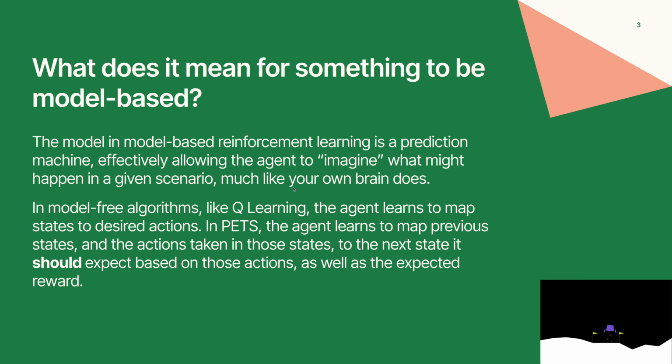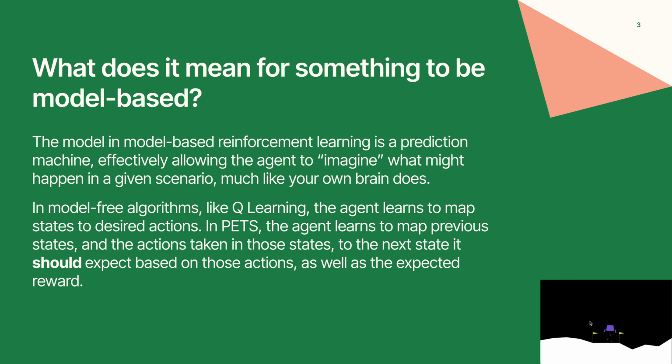So if we're talking about the Lunar Lander environment, which is what we're going to be doing, and it sees that the last action was to fire the thrusters, maybe the agent should predict that the next state is going to be the Lunar Lander being a little bit higher. And it should predict the expected reward from that Lunar Lander being a little bit higher.